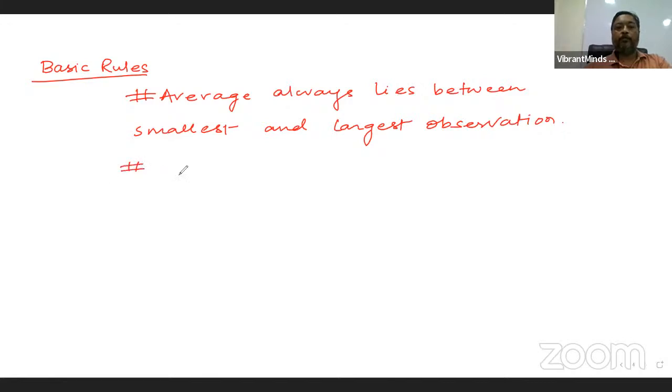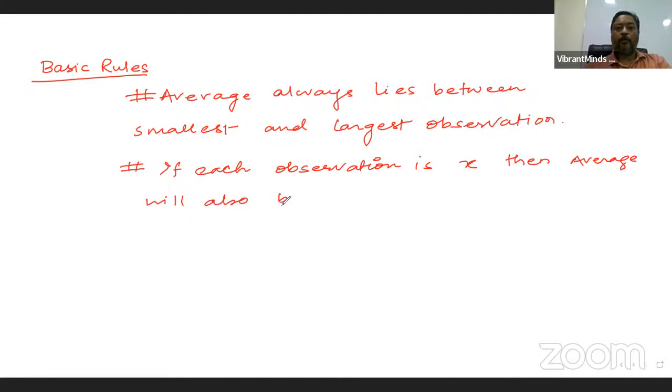The second rule, if each observation is X, then average will also be X. Now, what do you mean by this?